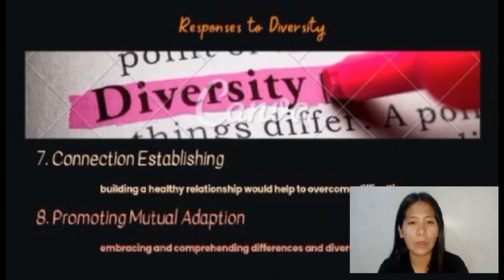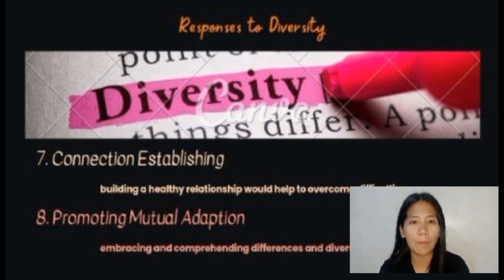Connection establishing typically refers to the process of creating a link or relationship between two or more entities. For example, in personal relationships, connection establishing can refer to forming a bond or understanding between individuals, often through shared experiences, communication, or empathy.